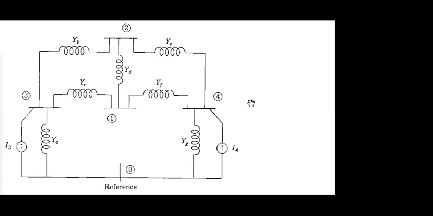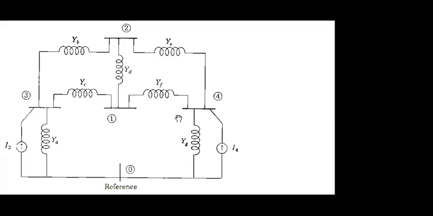For node 1, you have V1 minus V3 times YC, V1 minus V2 times YD, V1 minus V4 times YF.